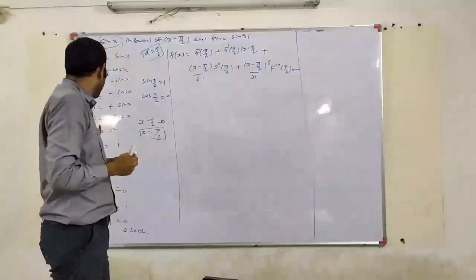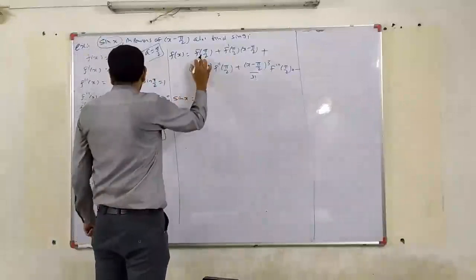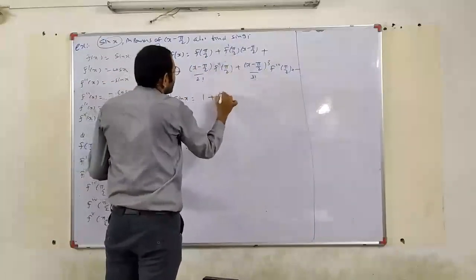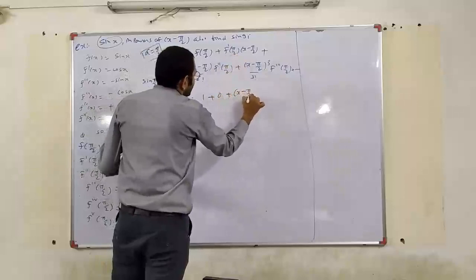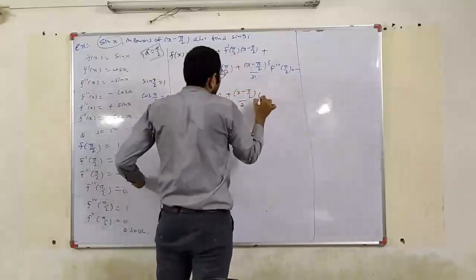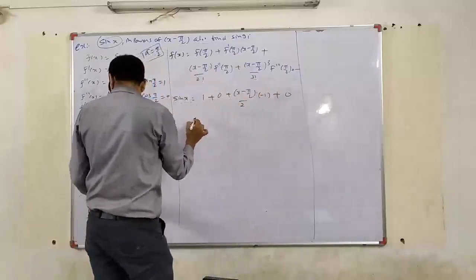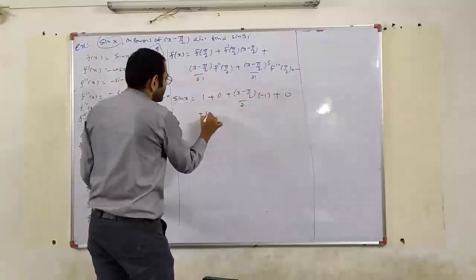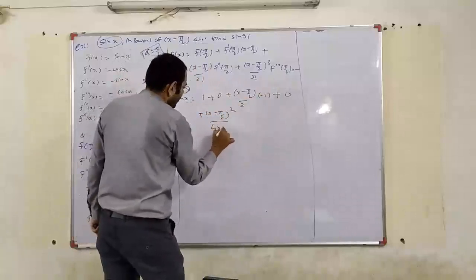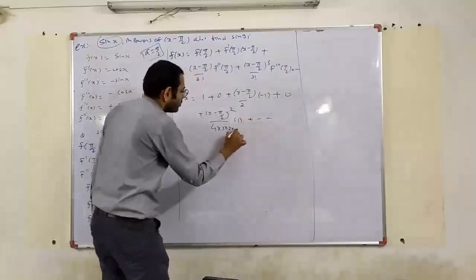Now substituting these values in this equation, we get sin x equals f of pi by 2, that is 1, plus 0, since 0 times anything is 0, plus (x minus pi by 2) squared by 2 factorial, here with minus 1, plus the third-derivative term, which is 0, then the fourth-derivative term (x minus pi by 2) to the power 4 divided by 4 factorial, which is 24, here the value is 1, and so on.